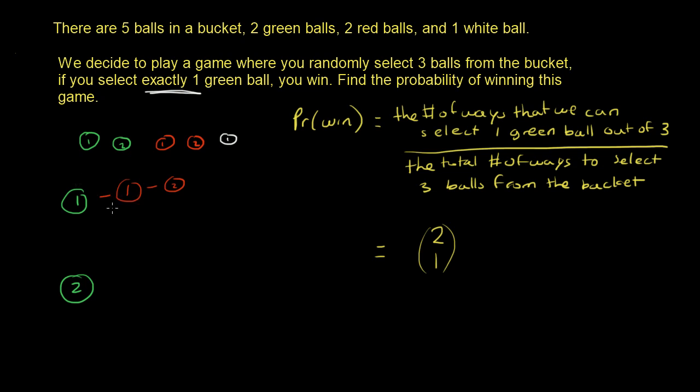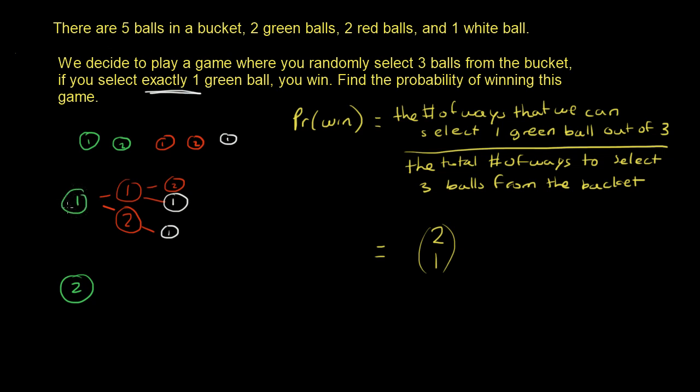So another option is, let's see, well actually if you gotten this red ball, you could have also gotten the white ball, right? So you could have gotten a green, a red, and a white. That's another option, okay? You could have also have gotten the second red ball and then the white ball, right?